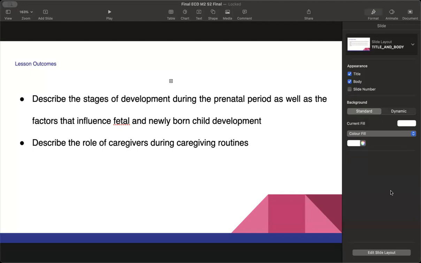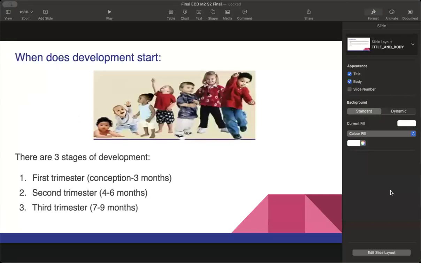Right. Straight into it. We go to our next slide, and this discusses when development starts. So, development starts from the time of conception. We say there are 3 stages of development, and we divide the pregnancy of the woman, the 9 months of pregnancy, into 3 months each for each stage, right?